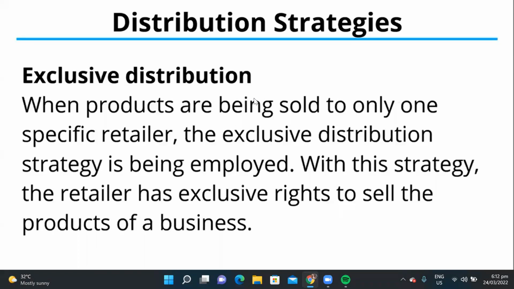Exclusive distribution, when products are being sold to one specific retailer, the exclusive distribution strategy is being employed. With this strategy, the retailer has exclusive rights to sell the product of the business. So a limited number of middlemen is used in a geographic area.